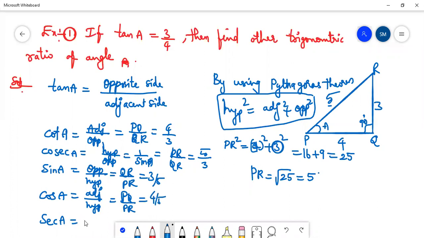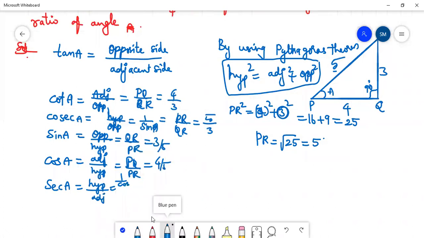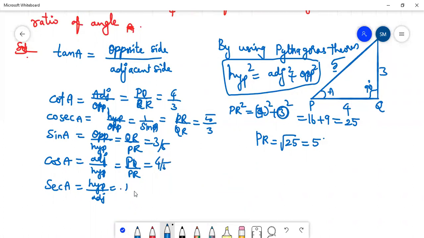Sec A, hypotenuse by adjacent, that is nothing but 1 by cos A, equal to hypotenuse PR by adjacent PQ, equal to 5 by 4.